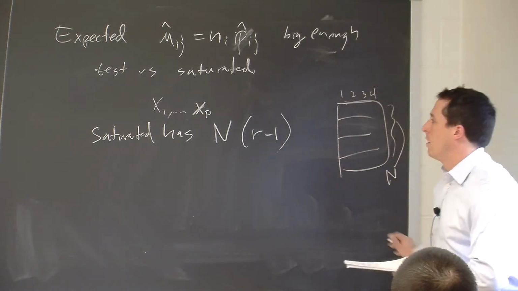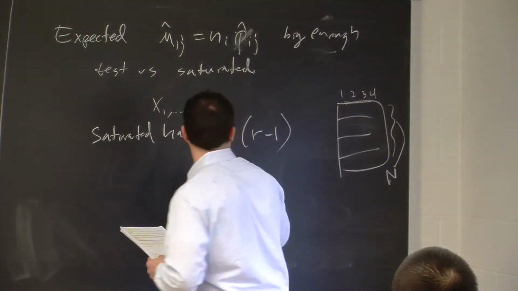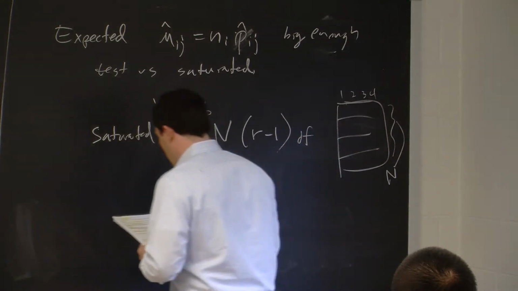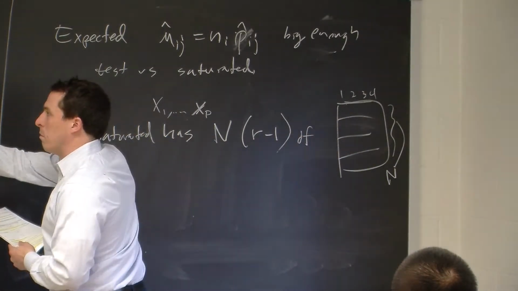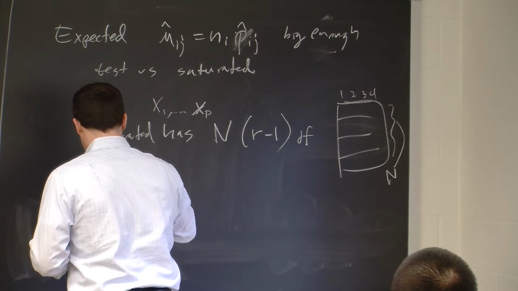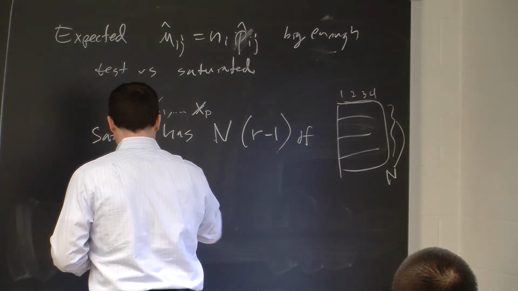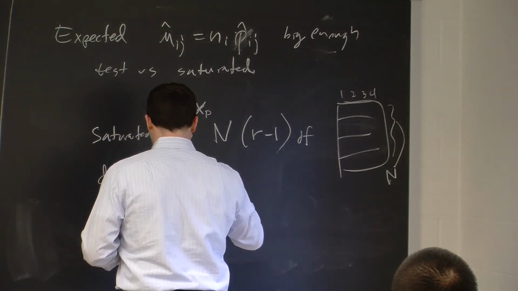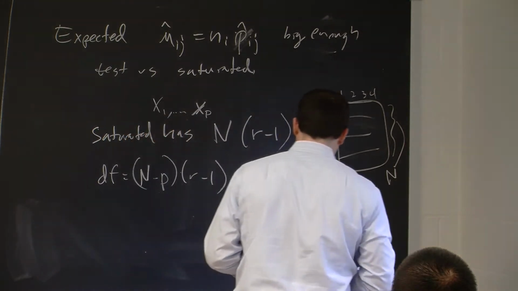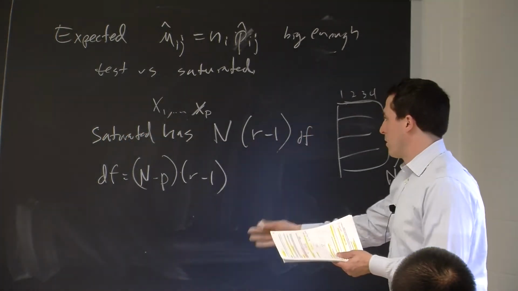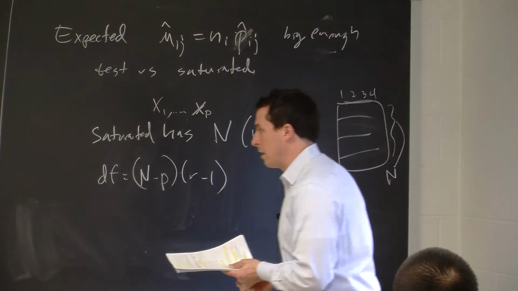That's all we're saying. So the saturated model has this many degrees of freedom, and this model has degrees of freedom equal to n minus p times r minus 1. And so as long as these things aren't equal, we can do a test.